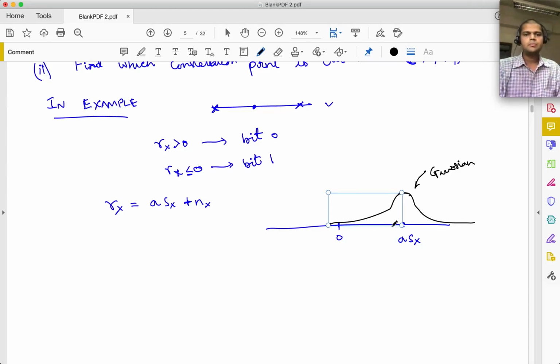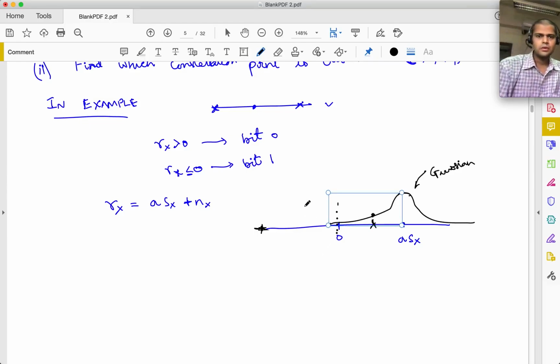So what is the probability that I send this signal, but the receiver thinks that I sent the other signal corresponding to bit 1? What does this PDF mean? It means that I'm calculating the probability that Rx is here. The probability that Rx is here corresponds to this probability.